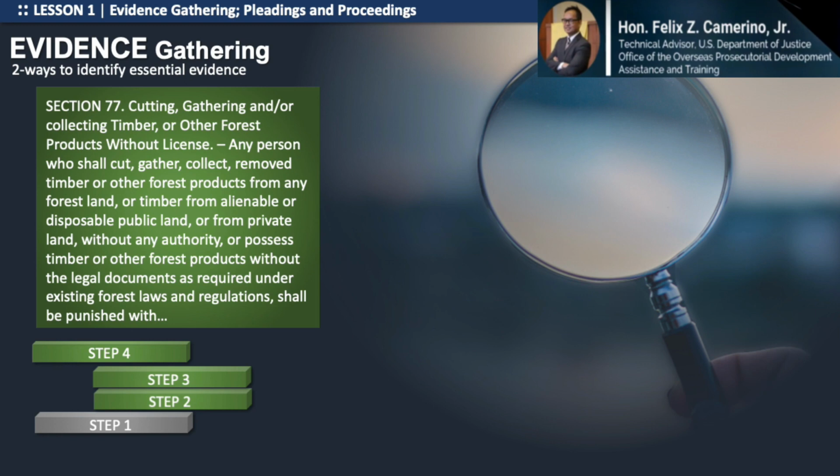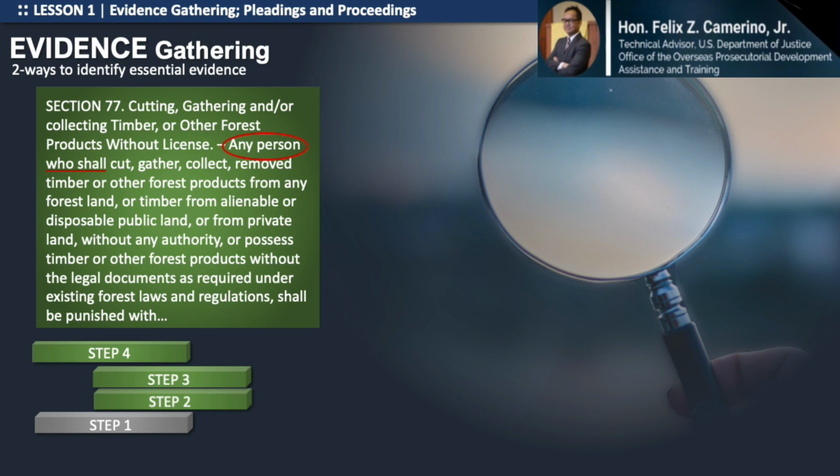So the first element, of course, looks to identifying who the offender might be, and from here we can see that it's any person. And then the second element that we are aiming to get answers for is essentially what was the act or omission committed, or what was the act committed.